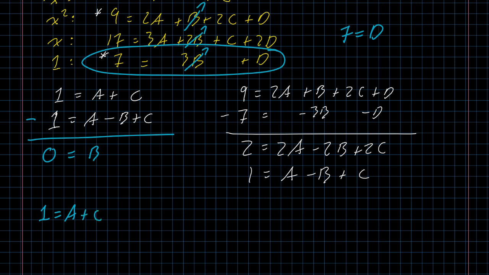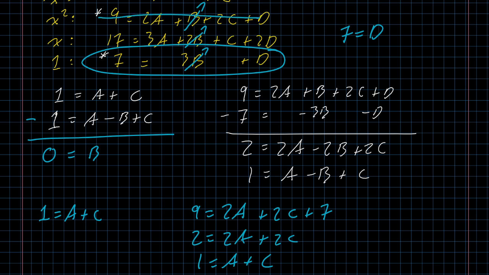Not really much I can do with that. I've got 9 equals 2a plus b, which is 0, plus 2c plus d, which is 7. And I realize that that second equation is just the same as the first equation. I don't have any new information there. I can get rid of that equation.